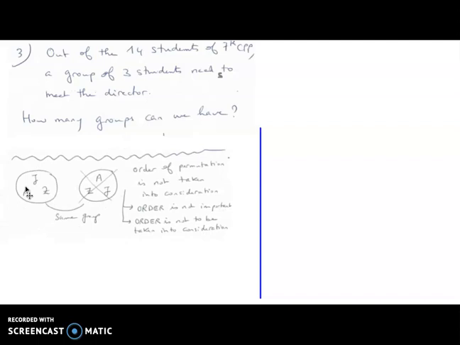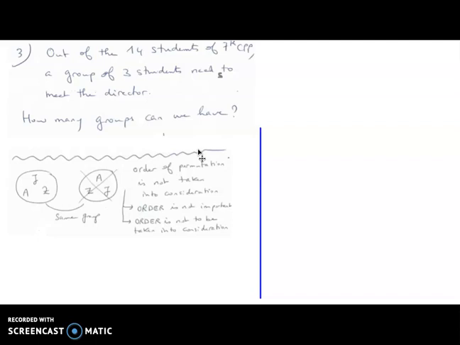If I take the group Zayan, Alex, and Joy, or Alex, Zayan, and Joy, am I having the same group? Yes, it's still the same group. I didn't change anything. In this example, order of permutation is not taken into consideration, so order is not important.